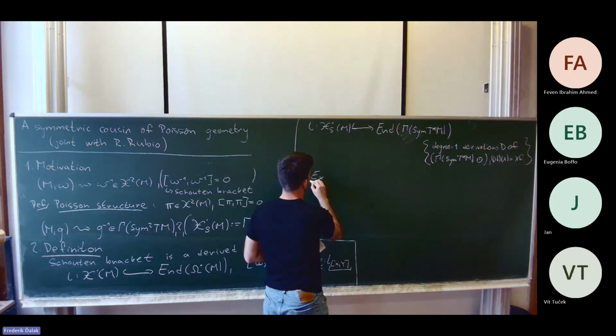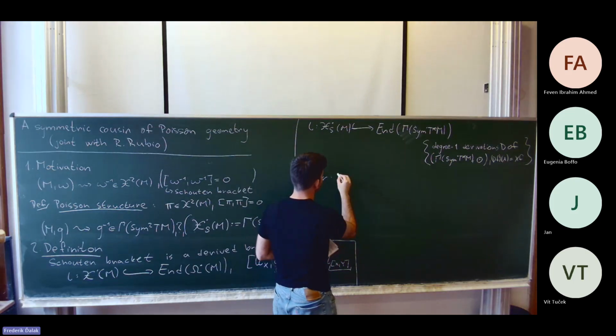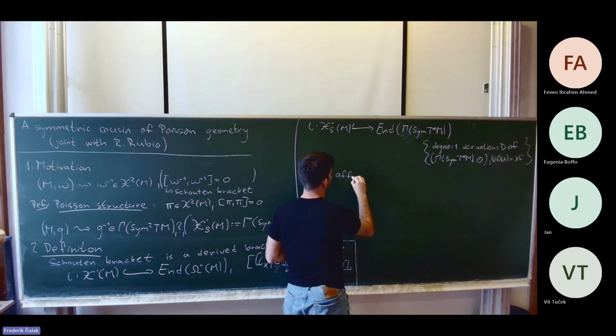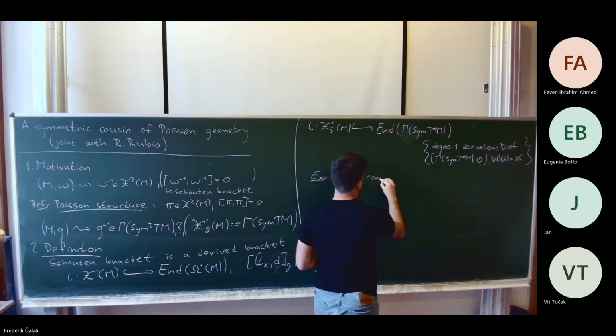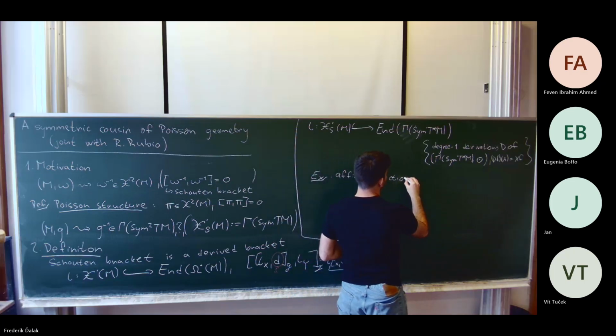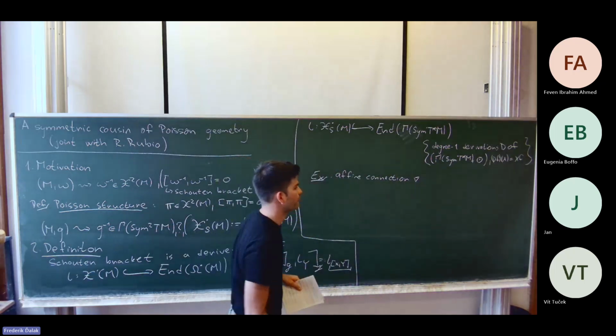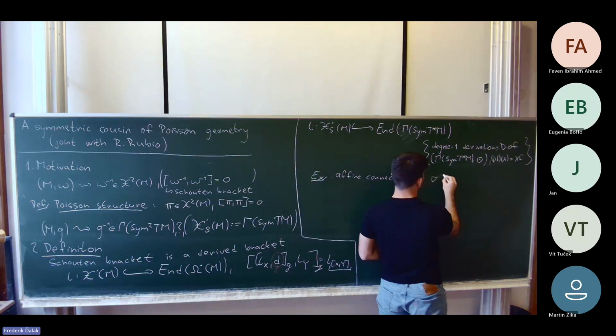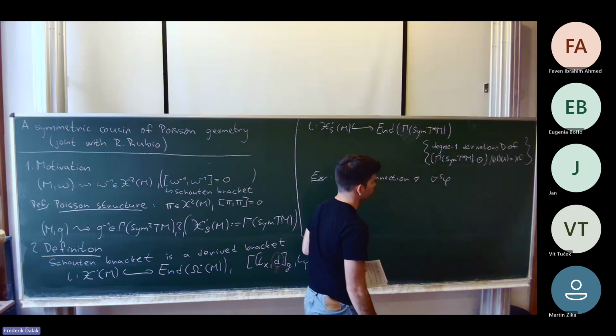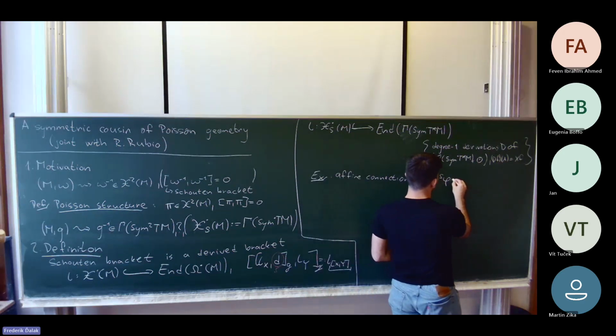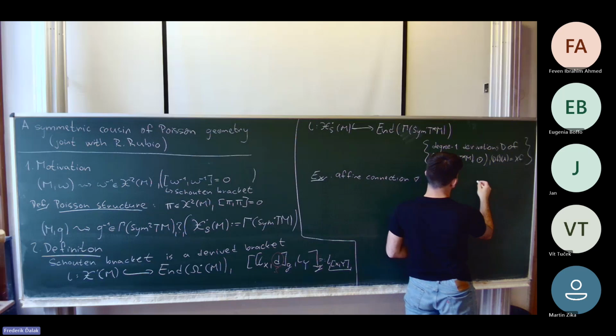The first question is whether this set is empty or not. It's not empty, because you can always take an affine connection. For an affine connection, I can define an object, usually denoted nabla S, and it acts on symmetric forms by the following formula.